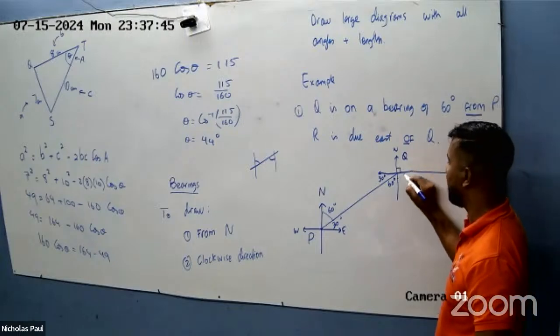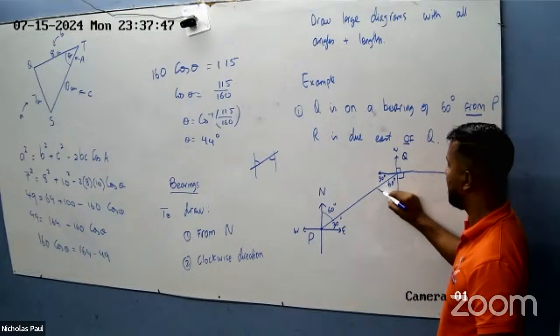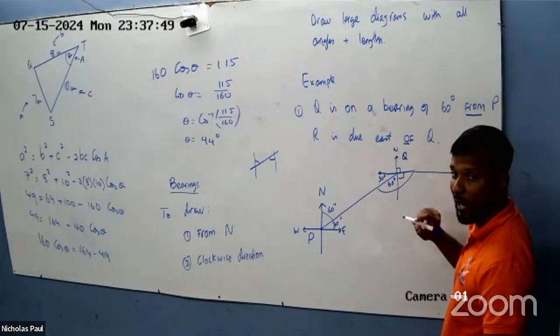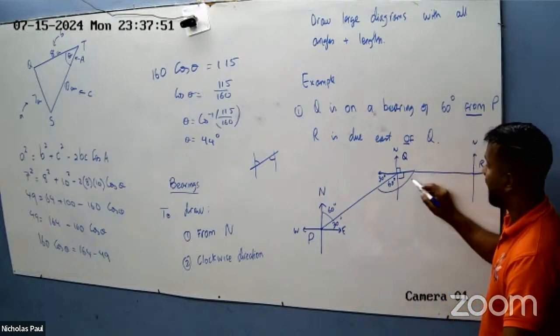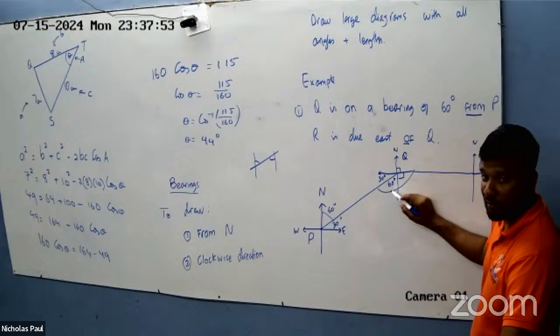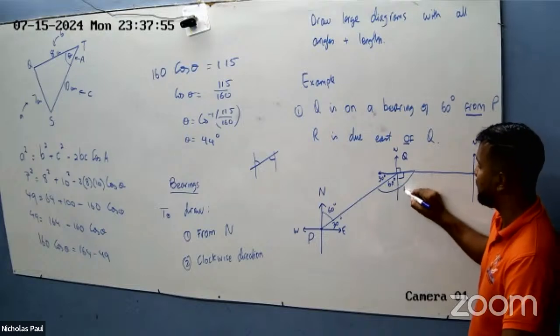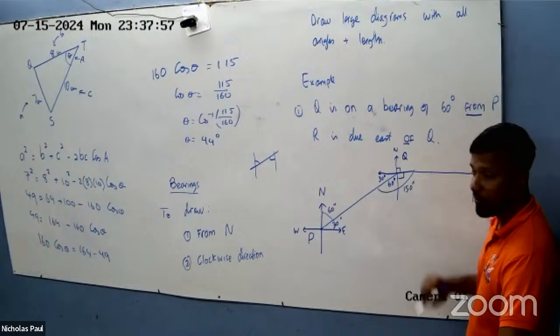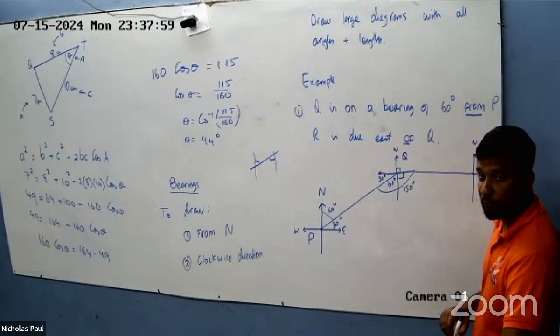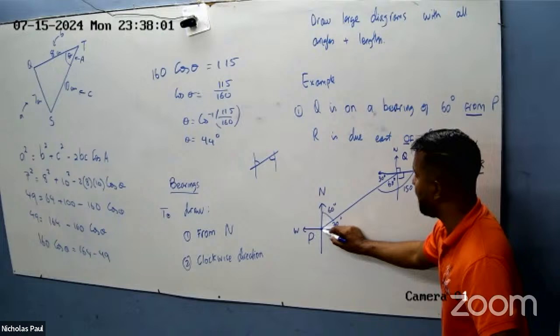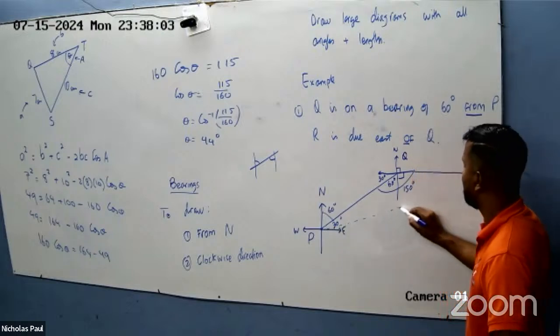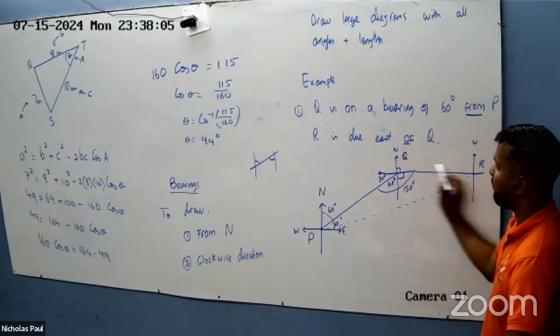What's that whole angle? 90 plus 60, right, Ashton? 90 plus 60, which is 150. That's it. All we have to do now is connect it up.